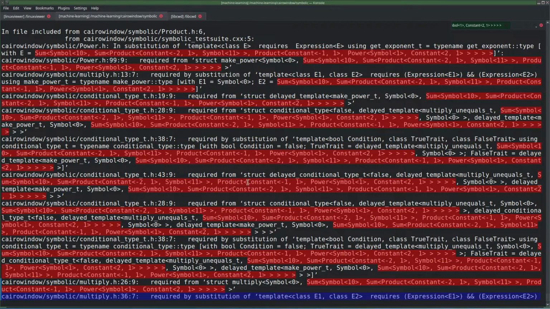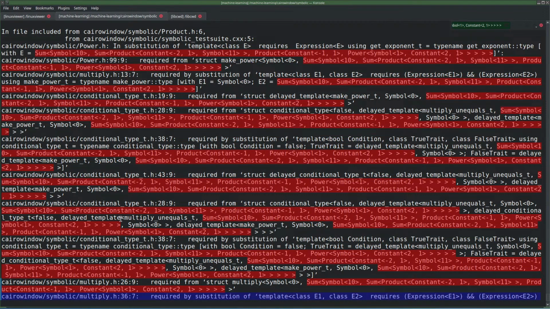And that comes from, required from conditional value type false. Here what? Delayed template multiply on equals symbol with that thing, comma, delayed conditional type false.